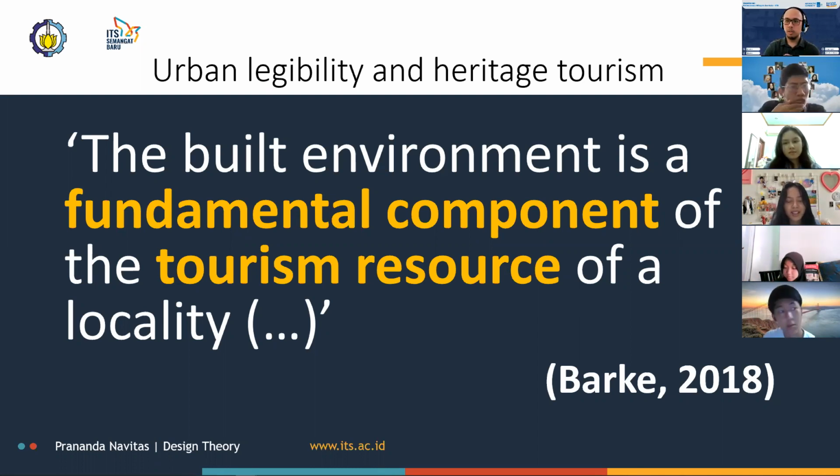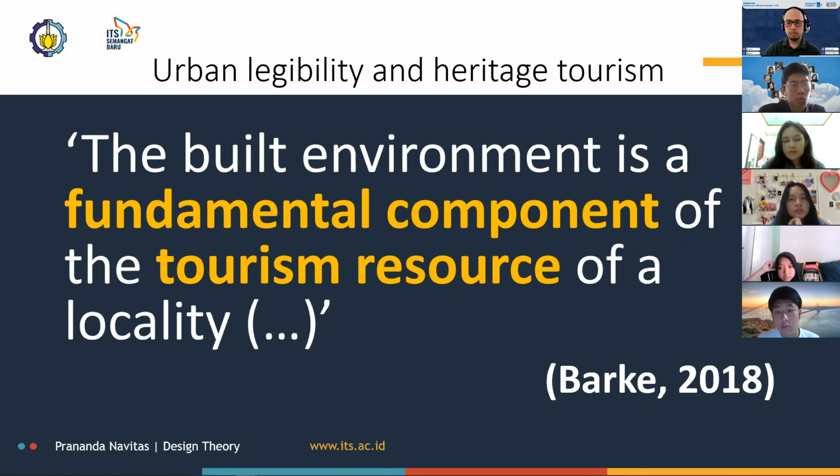Oftentimes, it's hard for us to imagine any form of heritage that is intangible, unless it's done at a massive scale. For example, if there are certain religious festivals or certain community rituals that take place regularly, that is intangible, but that is also quite visible.